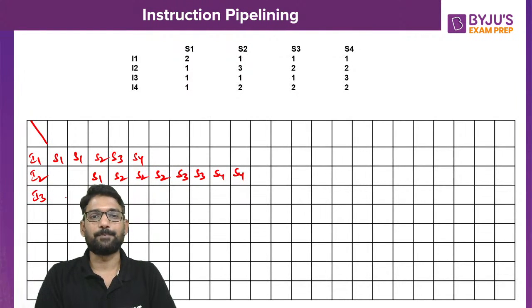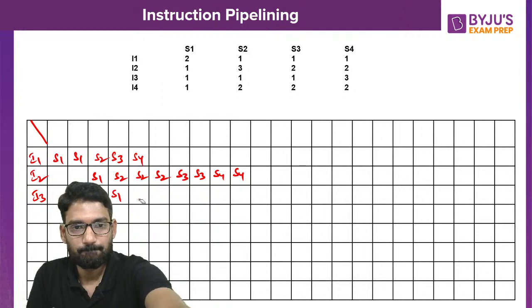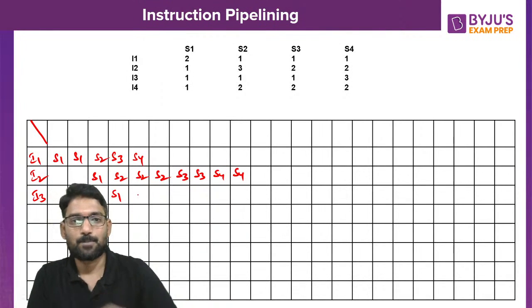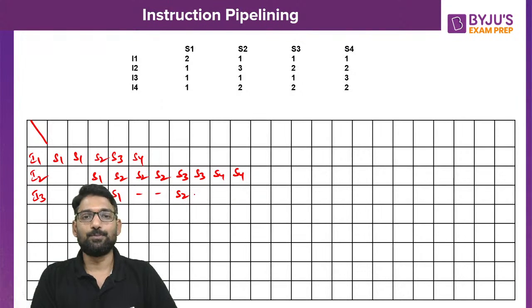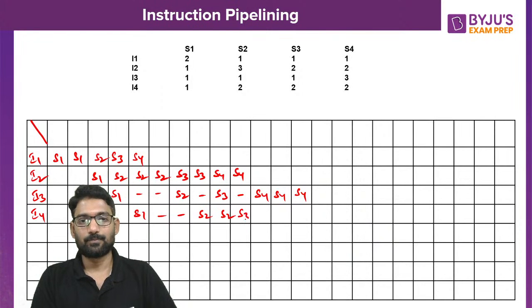Then I3: S1, S2, S3 and S4 require 3 clock cycles. Then we have I4: S1, S2, S3 and S4.